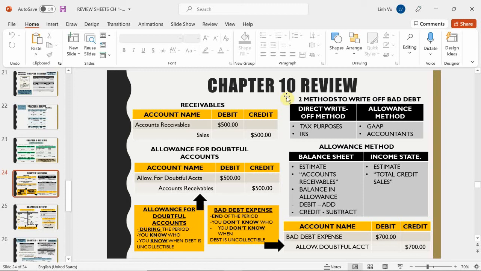And you need to know how to journalize it. But in this case, I will be testing you more so on doing the bad debt expense and determining the amount that you need to either debit or credit. Okay.